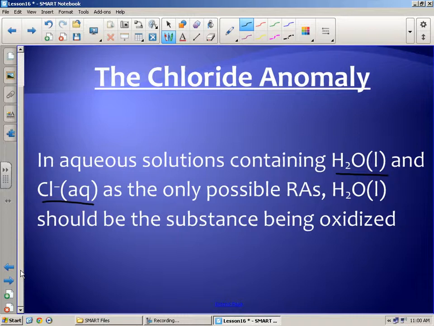Normally we'd start at the bottom and work our way up, and the first thing you'd see is actually water. It comes before chloride. Water is at about 0.23, and chloride is 1.36. So most of the time you'd say, oh, it's water, water is my SRA. That's not the case.